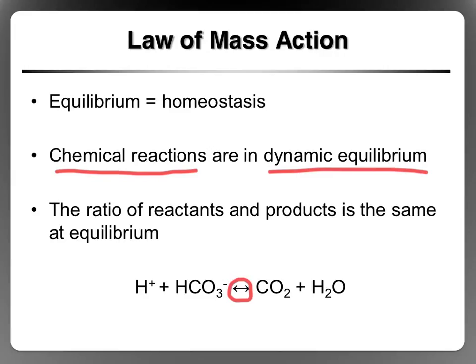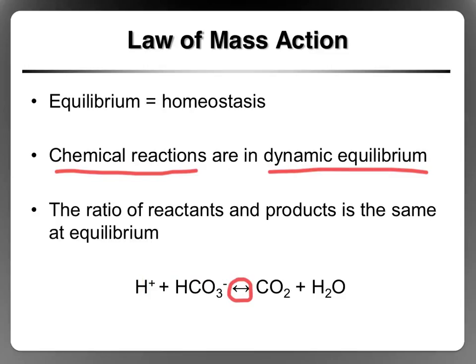So under some conditions, this reaction can move to the right, which means that hydrogen is binding with bicarbonate ion and forming CO2 and water. And in other conditions, this reaction may shift to the left. And what that means is that water is binding with CO2 and forming bicarbonate ion and hydrogen.